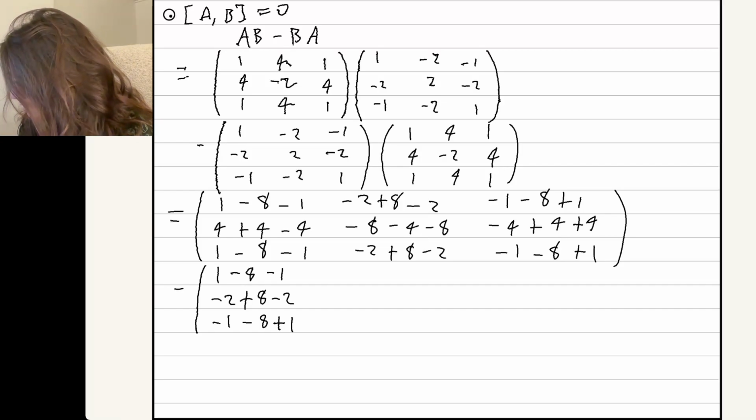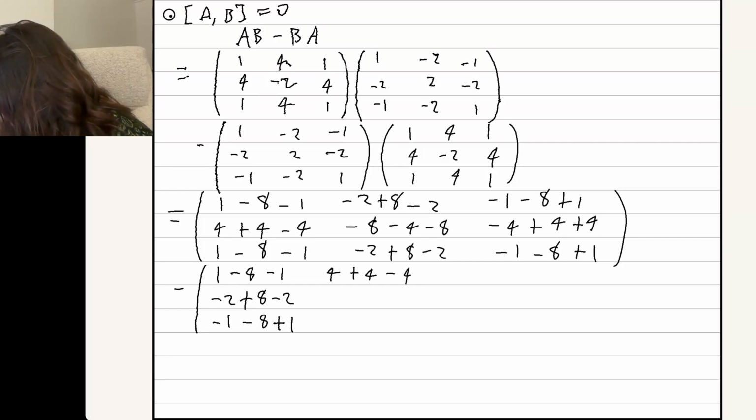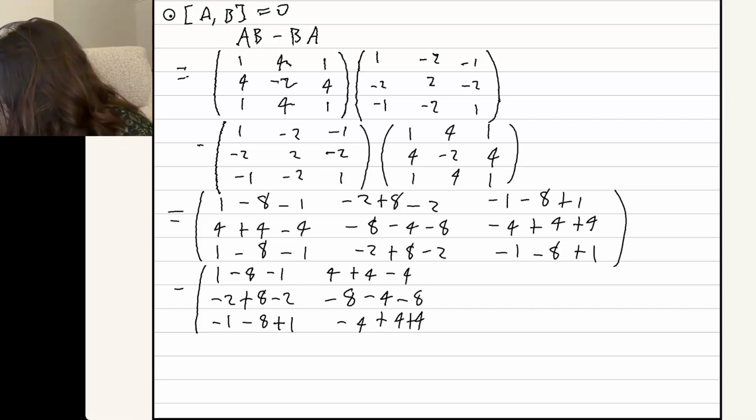And then this is going to be 4 plus 4 minus 4, and then minus 8 minus 4 minus 8, and then minus 4 plus 4 plus 4, and then this is going to be, actually no, it's going to be 1 minus 8 minus 1, right?